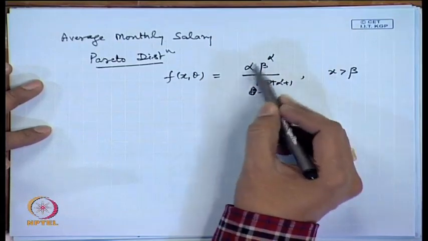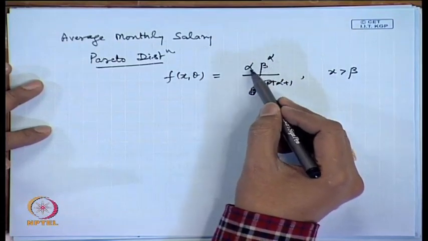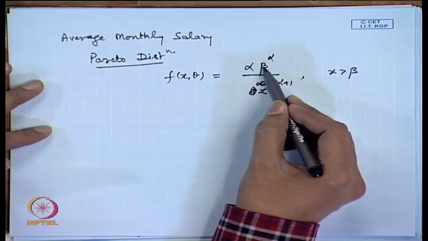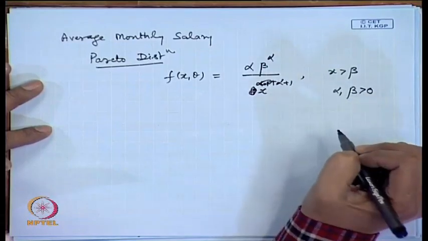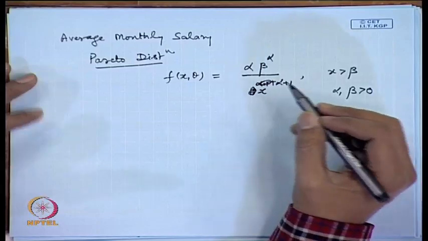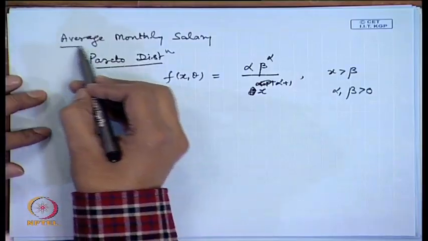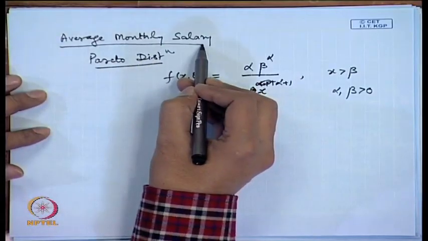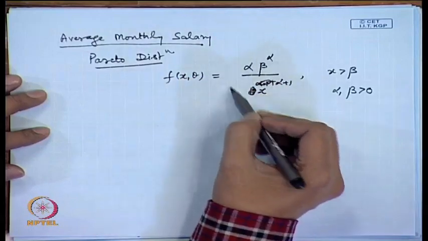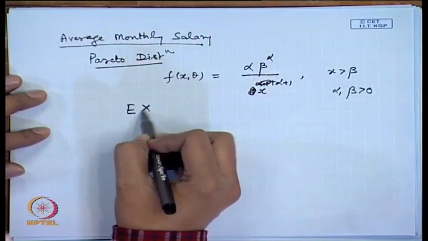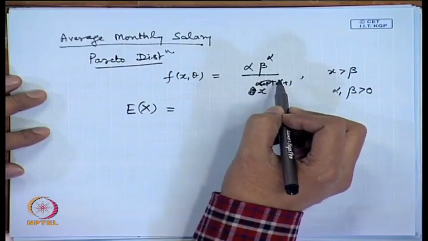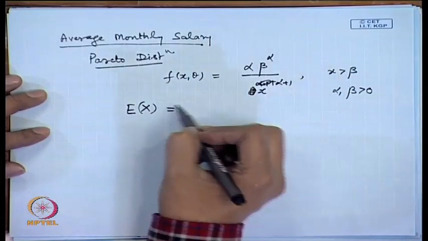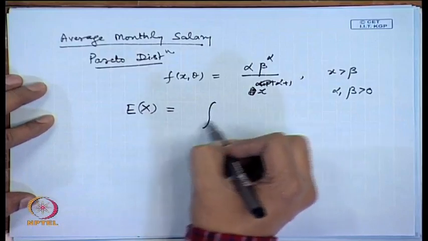So, in this particular case we have considered a 2 parameter model, where the parameters are alpha and beta, both of course positive. Now, here we may be interested in the average monthly salary. So, average monthly salary denotes expectation of x, that means from this distribution what is the value of the expectation of x, which can of course be easily calculated.